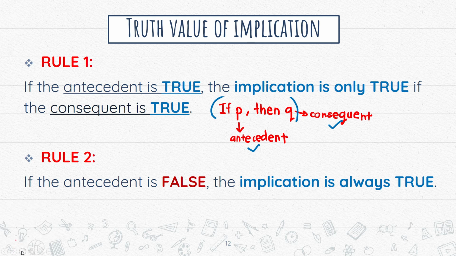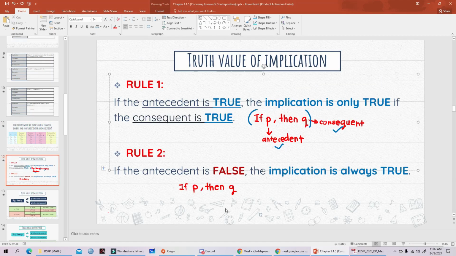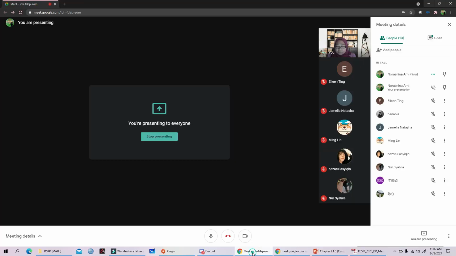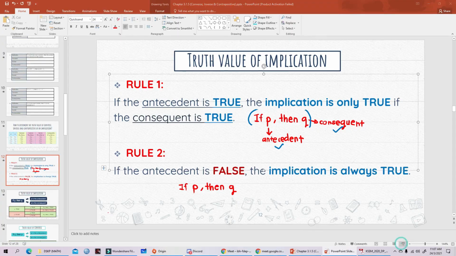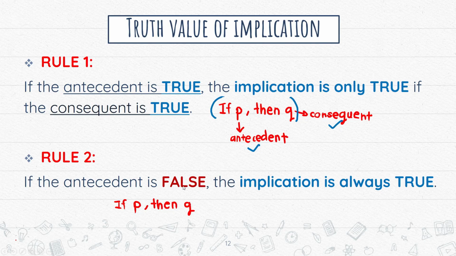I will write the implication: if P then Q. Which one is the antecedent and which one is the consequent?